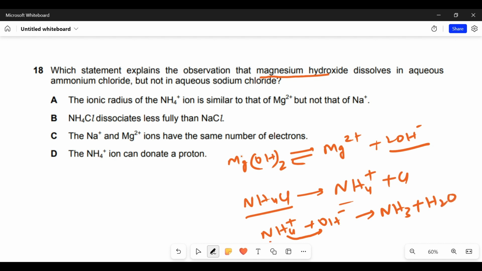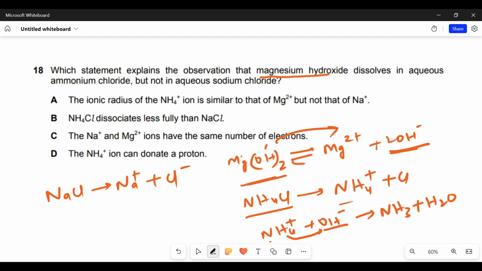Hence, slowly the OH minus ion concentration will reduce, and this equilibrium will shift towards this side. Hence, more and more magnesium hydroxide will be dissolved. Hence, it increases the solubility of magnesium hydroxide. But if we dissolve magnesium hydroxide into NaCl, the NaCl dissociates into Na+ and Cl minus ion. Sodium is more reactive than magnesium.